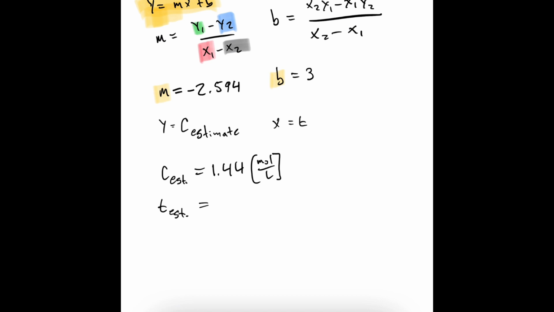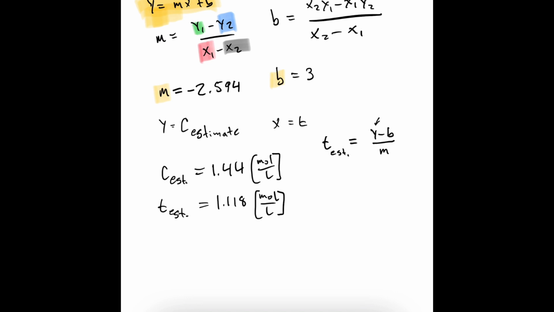So now we have our t estimate equals this, where y is our given c value, 0.10 moles per liter, and that equals 1.118 moles per liter. Okay, so those are our 2 estimated values using linear interpolation and extrapolation.